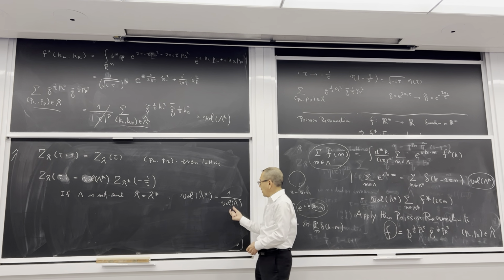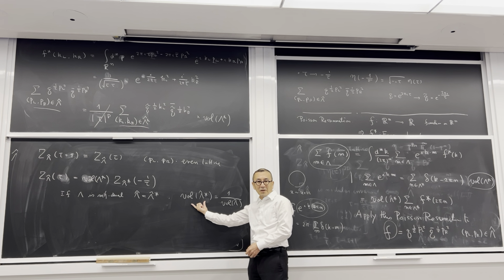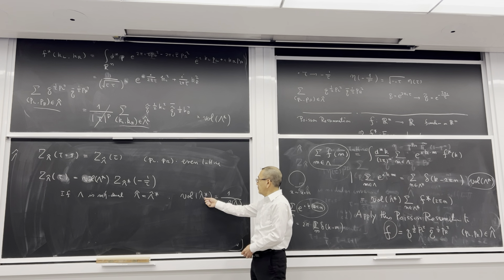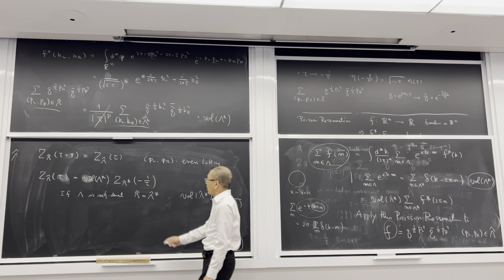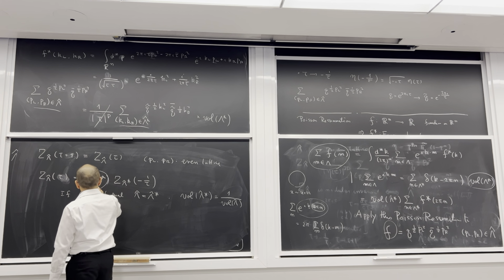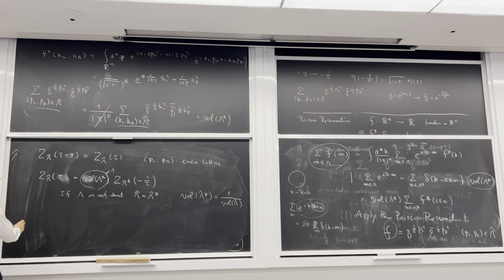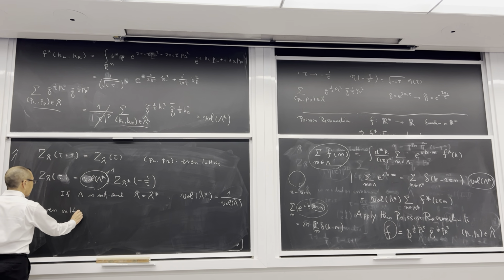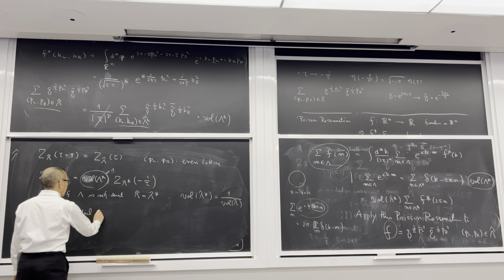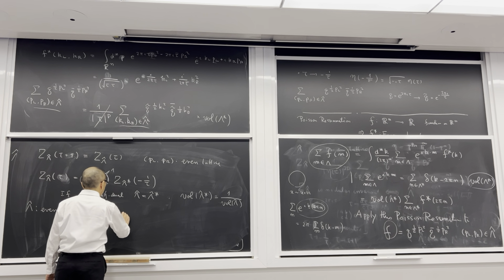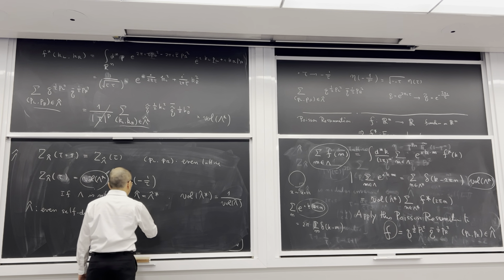So if the volume here is large, the volume here should become small, so that this product is 1. Therefore, if it is self-dual, it follows that the volume is equal to 1. So it follows that lambda being even self-dual is equivalent to saying that this is modular invariant.